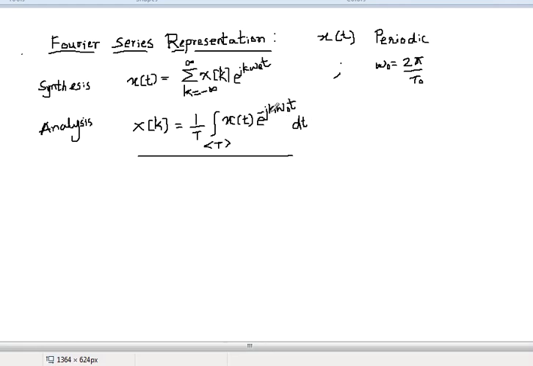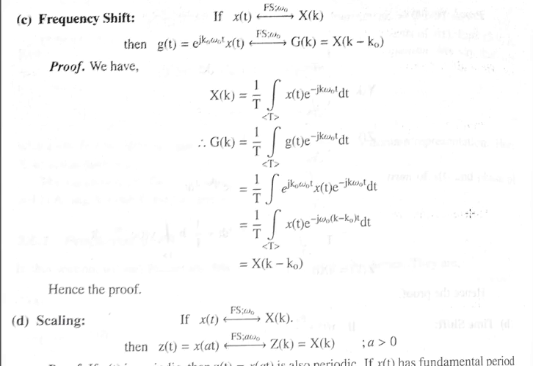Here, whatever is the multiple of j omega naught t is k minus k naught. So it is x of k minus k naught.